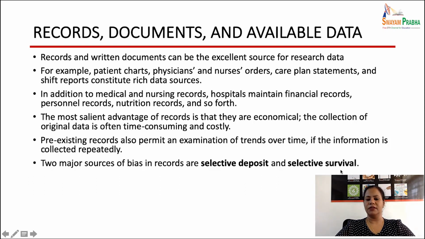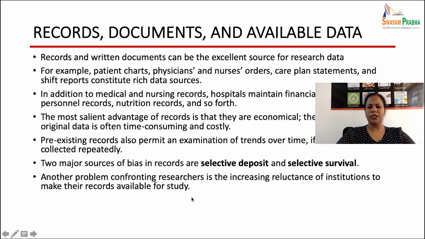Selective survival means that records might be deposited, but once you start retrieving them, you may not get a particular record, and with whatever records are available, only that you can use to document the findings of your research study. That means your research study's findings will not be valid because you have not observed each and everything which has to be observed according to your research study.